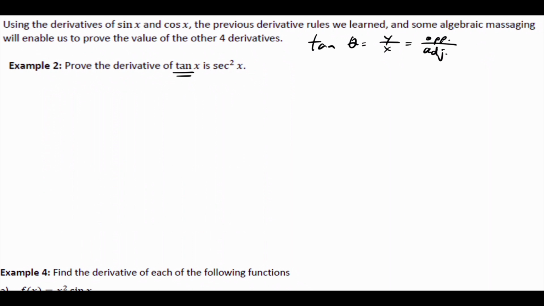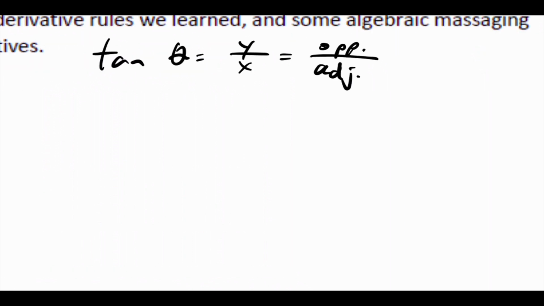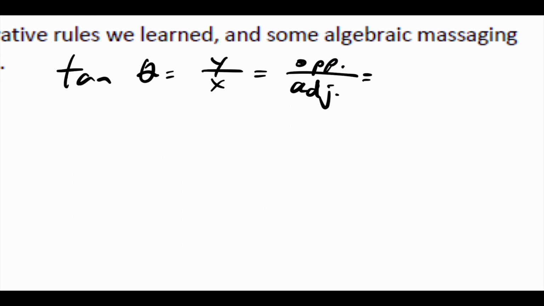What else do we know about tangent, related to those two? What's another way of finding tangent besides y divided by x or opposite divided by adjacent? Isn't sine y over 1? So in other words, y is sine, and x over 1 is cosine.